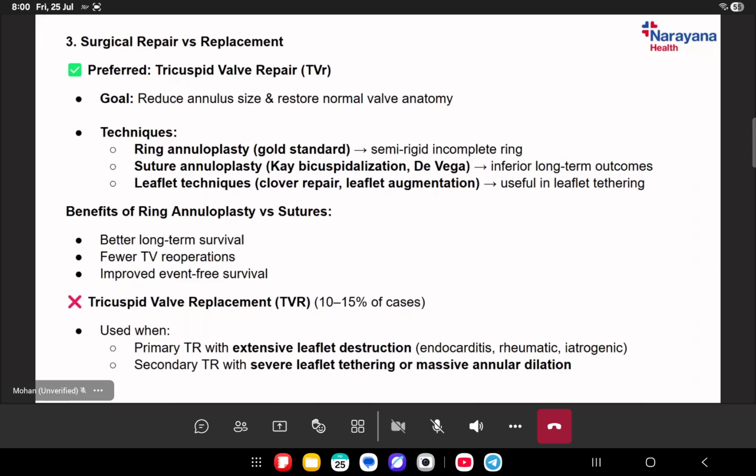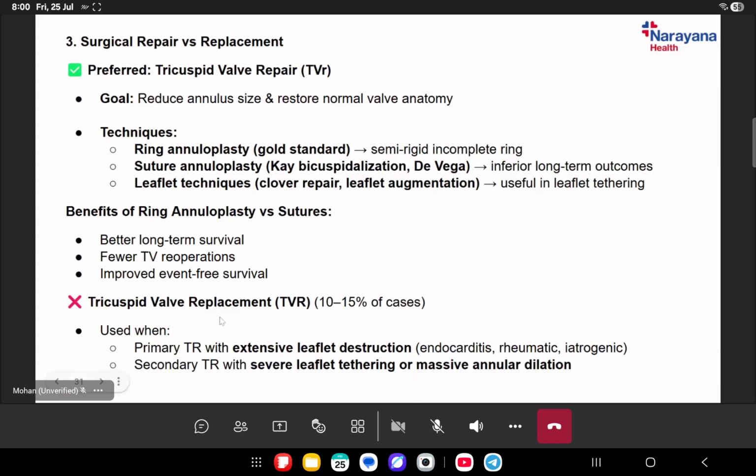Techniques include ring annuloplasty, which is the gold standard nowadays, suturing annuloplasty, like bicuspidization and De Vega technique, and leaflet techniques like clover or leaflet augmentation. The benefit of ring annuloplasty versus sutures is better long-term survival, fewer reoperations, and improved event-free survival.